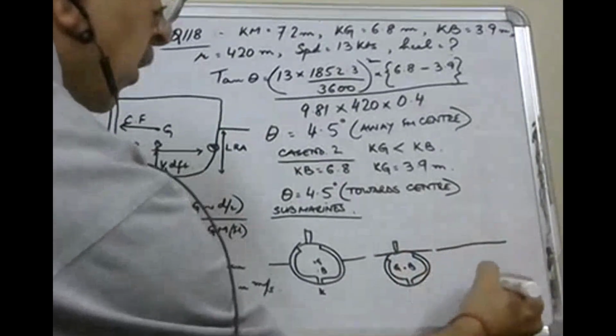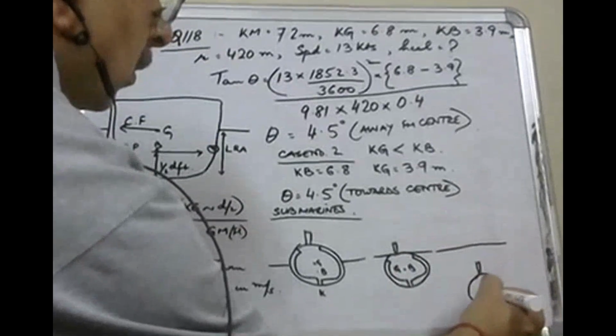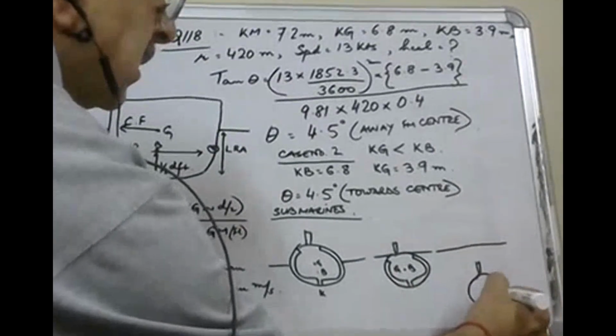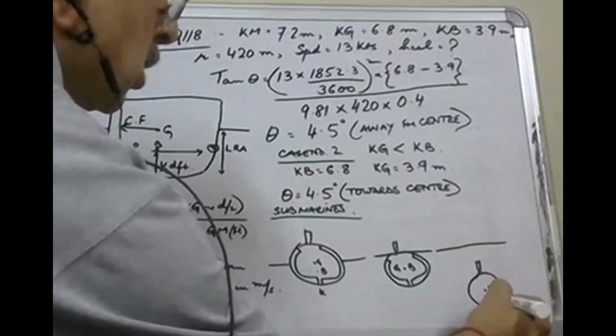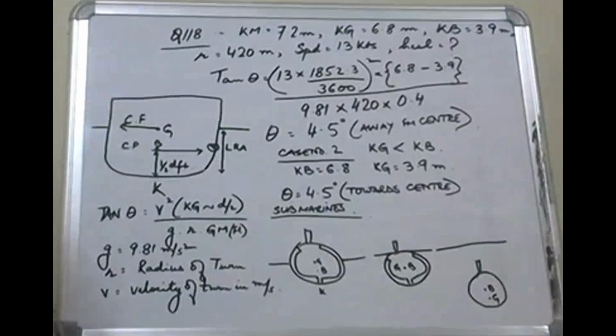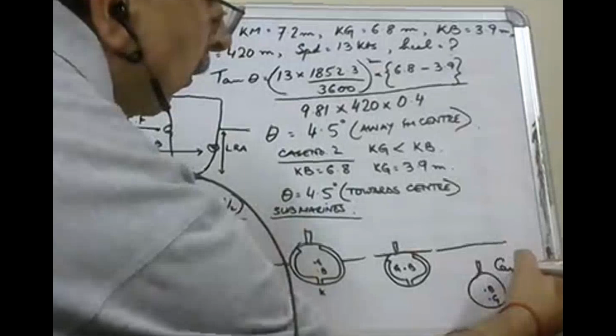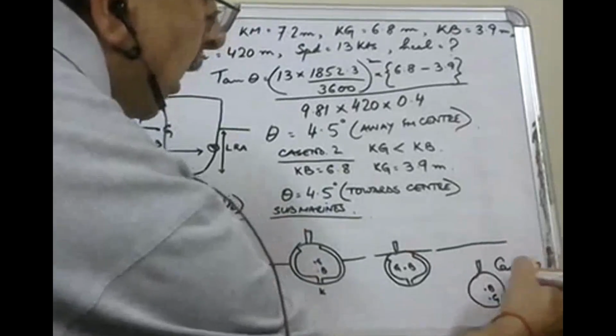She further takes more water. She goes underwater. Her B remains the same, but her G goes down. G goes below the B. Now in this position, it is our case number 2. You get it?